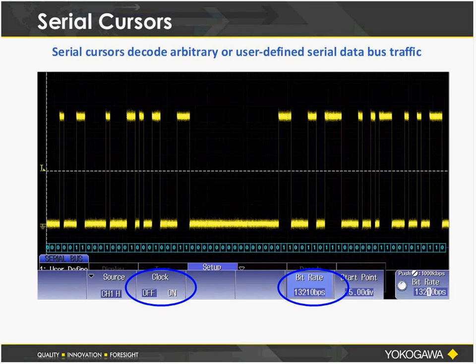So rather than download or decode this by hand or transfer it to Excel or MATLAB, there is some benefit in being able to directly have the instrument decode those values after you specify your bit rate and a threshold, and maybe it's a synchronous signal with a separate clock, or asynchronous like we have here. And having that ability, decoding it in binary or hex, can be quite useful if you're working with digital circuits.